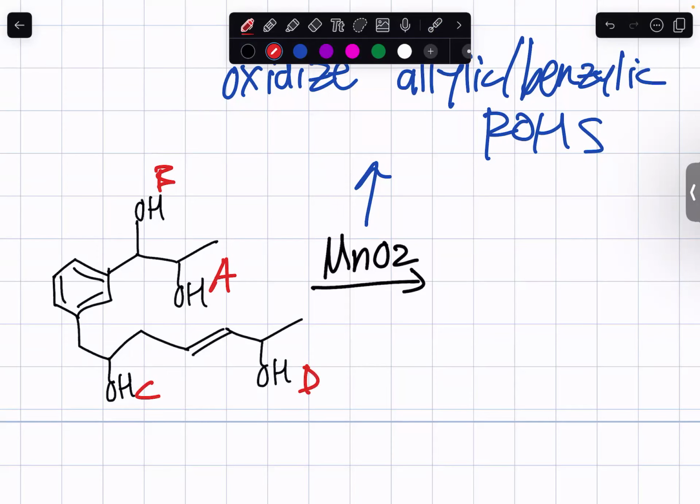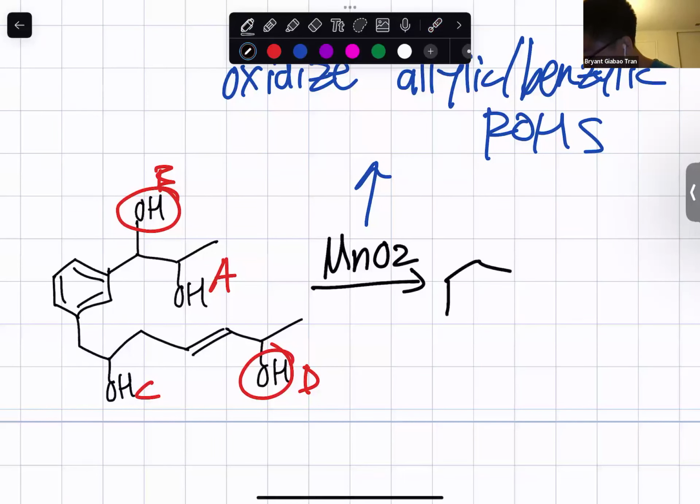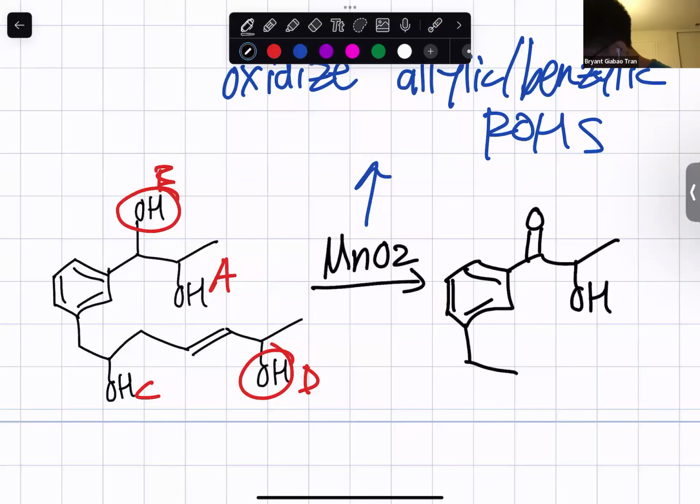B and D. A and C are too far away from the benzene or alkene, so those will not react. No reaction for those alcohols. We only oxidize the benzylic or allylic ones into the carbonyl. This alcohol stays the same, this alcohol stays the same, and this allylic alcohol gets oxidized to the carbonyl.